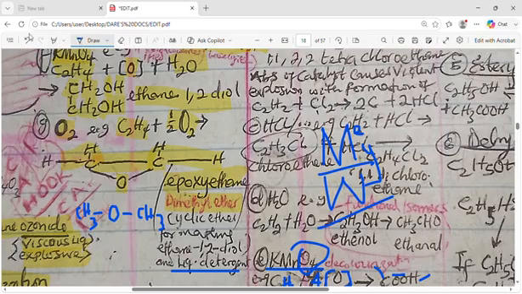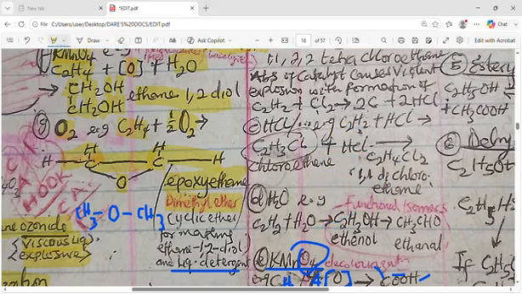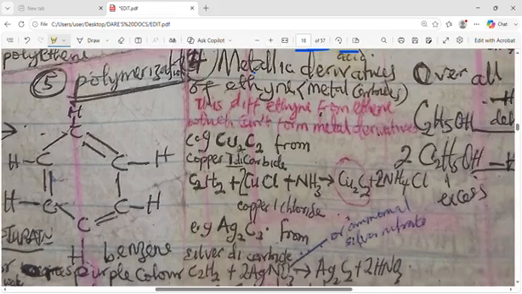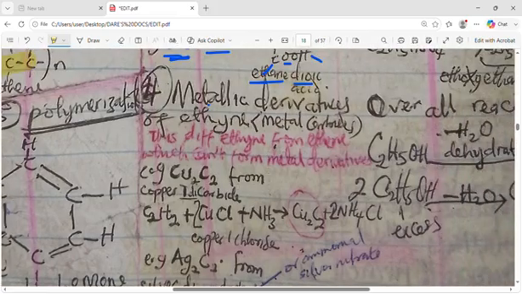So let's now make use of the metallic derivatives that we said we'll be using for alkyne. How does this metallic derivative operate? I call it the metallic derivative of ethyne, and that is metal carbide.